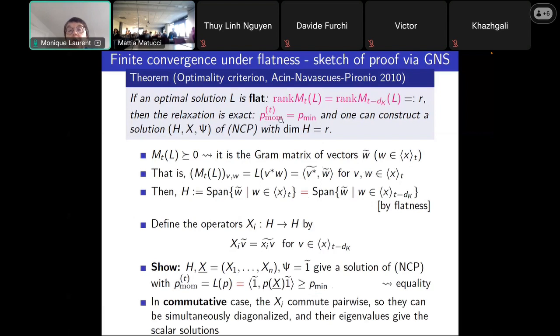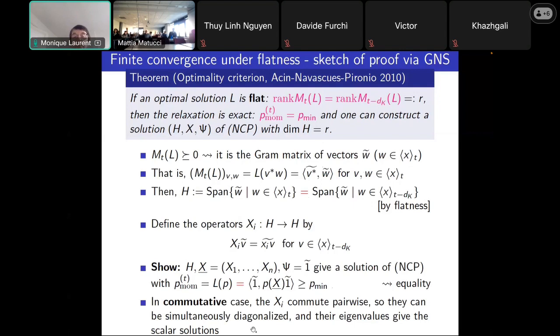We have obtained exactness of the bound, and one can construct an optimal solution. Here is this optimal solution. So the GNS construction is showing that under flatness the bound is exact, and one gets an explicit optimal solution to the original non-commutative problem.